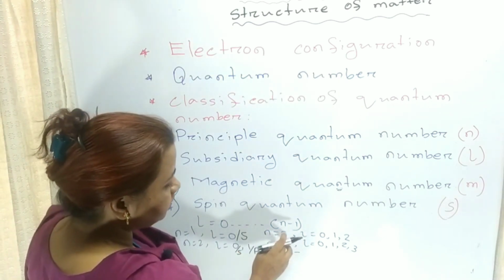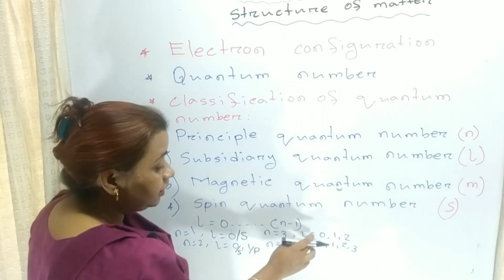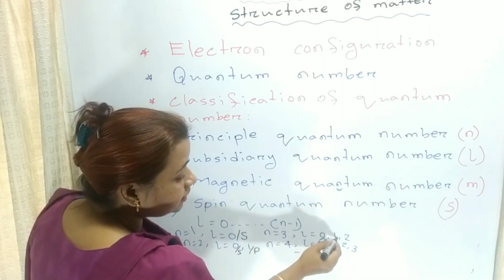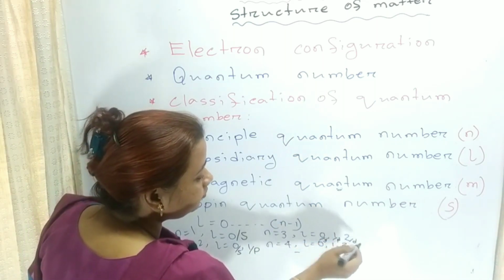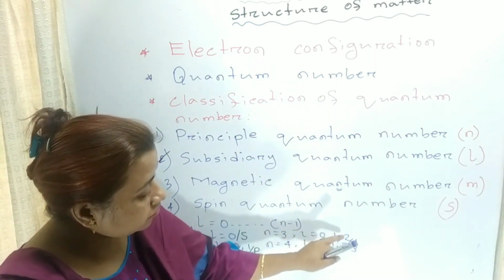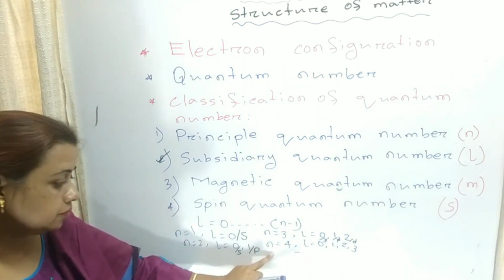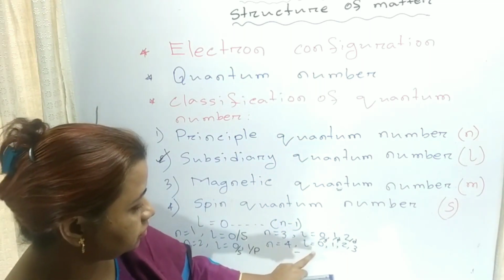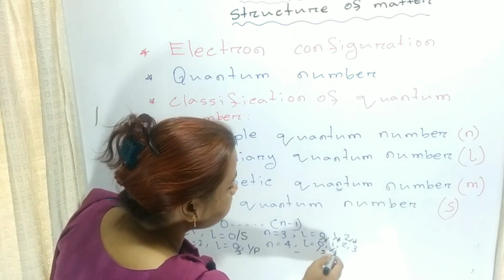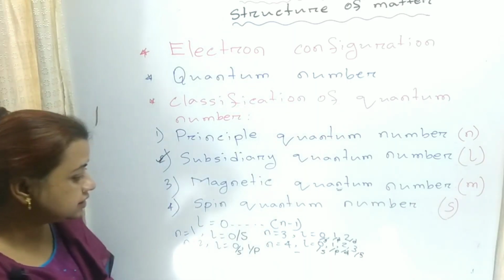Whenever n is equal to 3, l is 0, 1, 2. Can you say the names? s, p, d. For 0, s; for 1, p subshell; for 2, d subshell. Then whenever n is equal to 4, l is 0, 1, 2, 3. That means s, p, d, f. These are known as subshells.